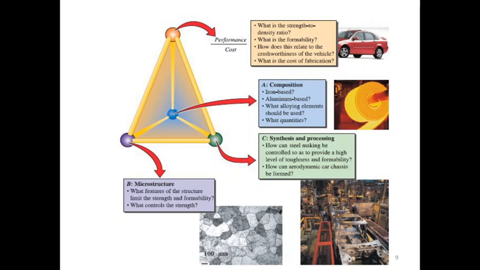Thus in this case, material scientists are concerned with the steel sheet's composition, strength, weight, energy absorption properties and formability, or what we call malleability. A material scientist would examine steel at a microscopic level to determine if its properties can be altered to meet all of these requirements.